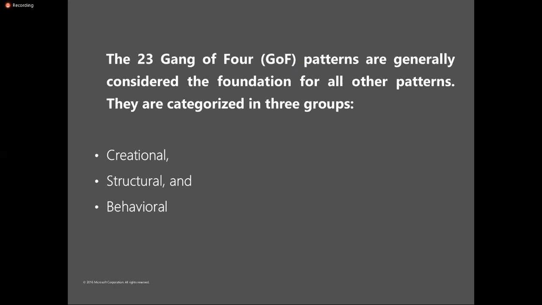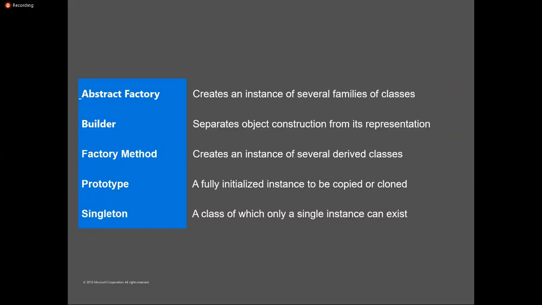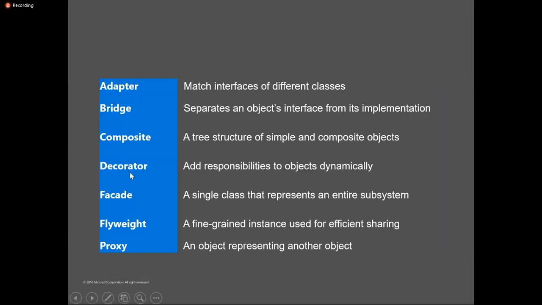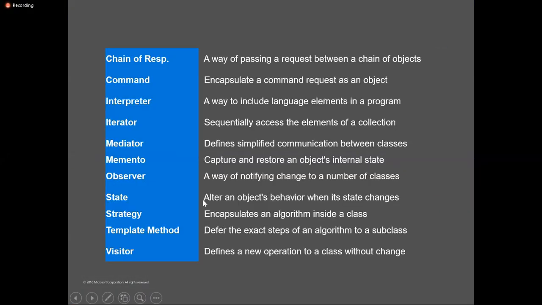These are creational patterns: abstract factory, builder, factory method, prototype, singleton. Structural patterns like adapter, bridge, composite, decorator, facade, flyweight, proxy. And behavioral patterns: chain of responsibility, command, interpreter, iterator, and all these are behavioral patterns.